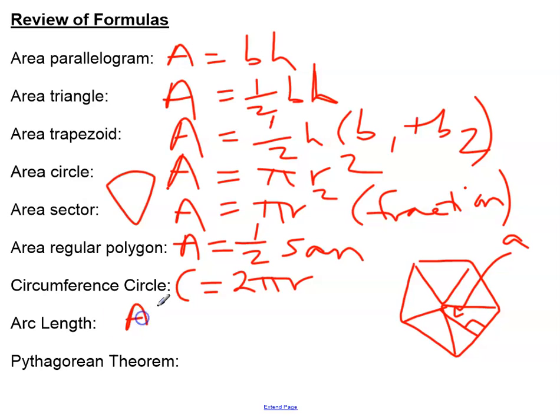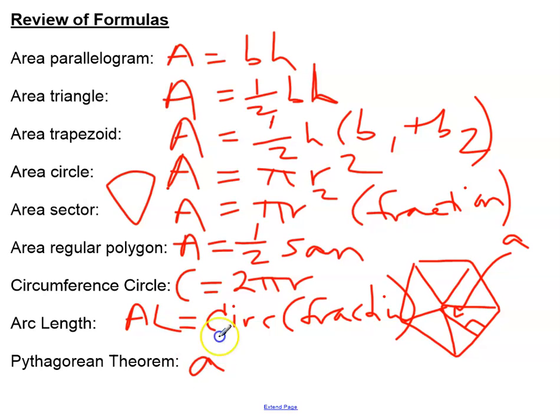Arc length is a fraction of the circumference, so it's circumference times the fraction, or times angle over 360. And then the Pythagorean theorem is a squared plus b squared equals the hypotenuse squared, only for right triangles.